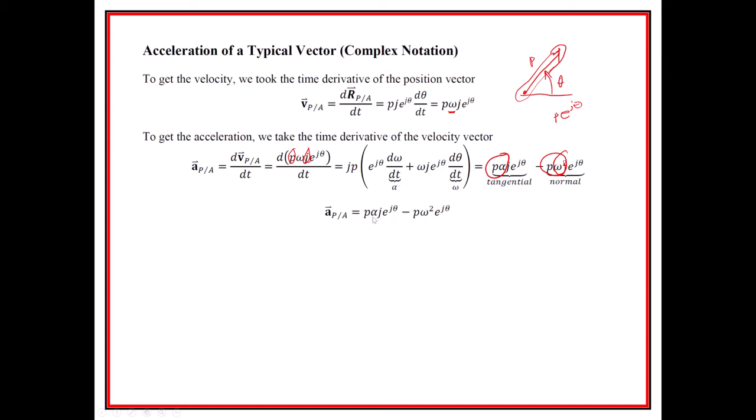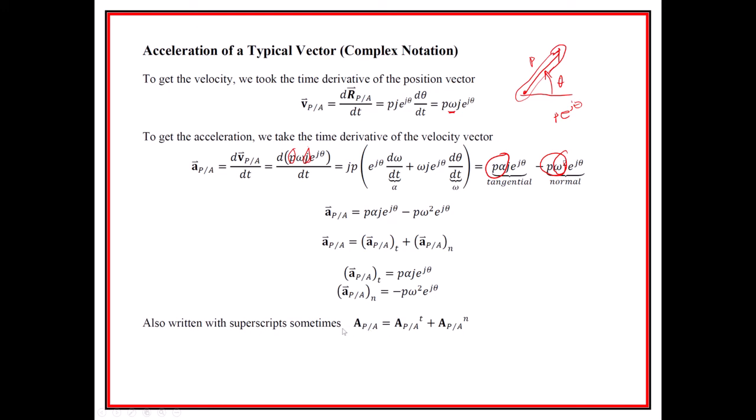So this is the statement that we can make for just a generic vector in complex notation. We note how the relative acceleration is broken down into tangential and normal components, where the tangential is just p alpha j e to the j theta, and the normal is negative p omega squared e to the j theta.